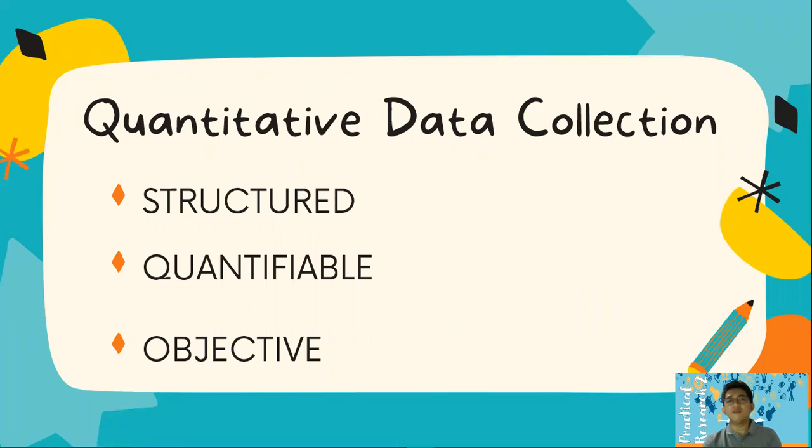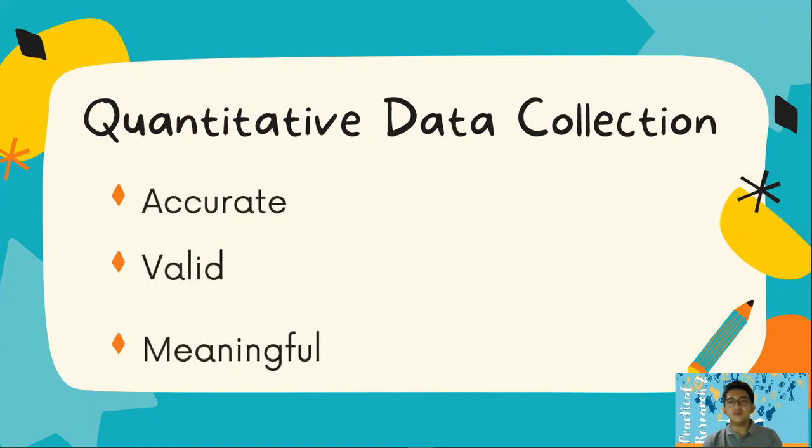Unlike in qualitative research, where we need to be within our respondents and make sure that we know how they feel, so that we are able to come up with good qualitative data. But here in quantitative data, it should be unbiased. Whatever answers the respondents give us, that's what we are going to interpret.